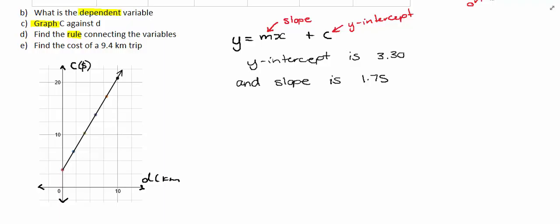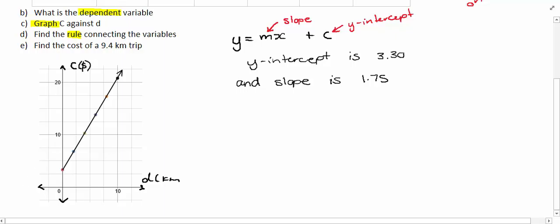Now, in this situation, we had a rate of $1.75 per kilometre. So our slope is actually equal to the rate. Because if we think of what slope means, so that's our y step over our x step, so how far the graph step has gone up for each step across. So with our rate, if we go across 1 kilometre, I've actually drawn that bigger than 1 kilometre. Okay.